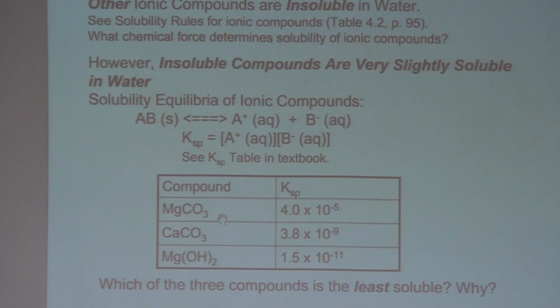Would you use a base? No, you use an acid. MgCO3 forms Mg2+ and CO3 2-. If you had an acid, it reacts with the carbonate, removing the CO3 2-, which shifts the reaction toward the product side.